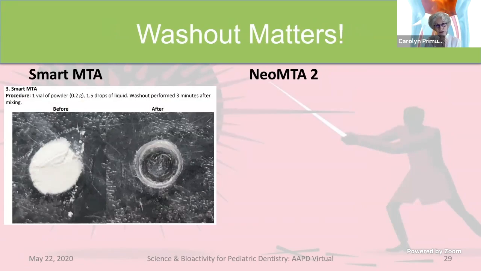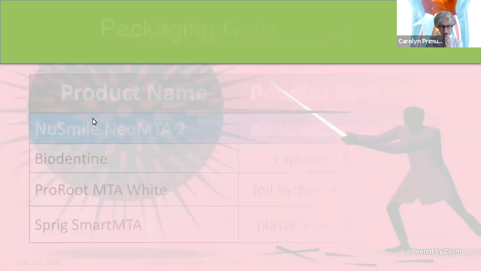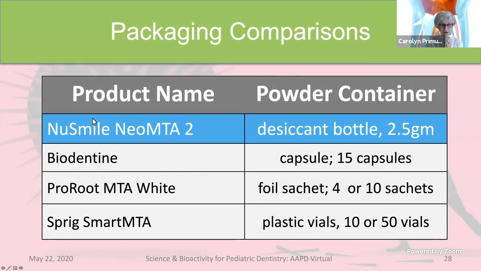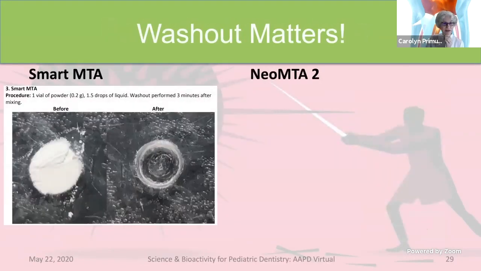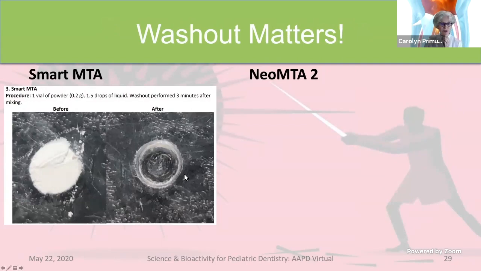Washout. Washout is a feature that may be important to you, especially if you place a material and then want to do your crown prep. We've tested the Smart MTA material and found that when you go from before and after a test, the Smart MTA material can become completely washed out. And this was done after 3 minutes after mixing and placement, which is supposed to be the setting time for this material.